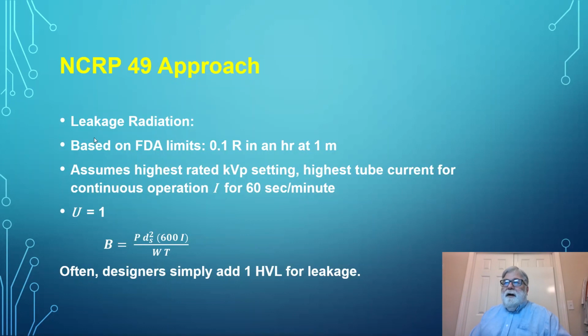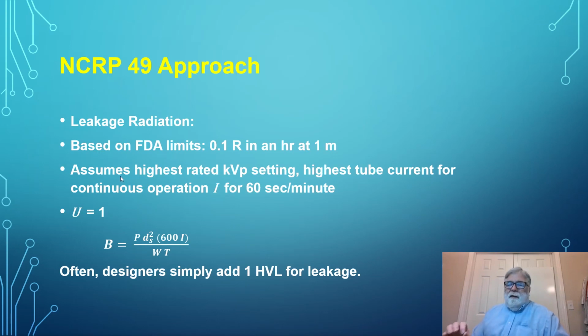Finally, there's leakage radiation based on the FDA rules. We know that the FDA allows 100 milliroentgen in any hour at 1 meter. So the NCRP 49 approach has a very conservative assumption.